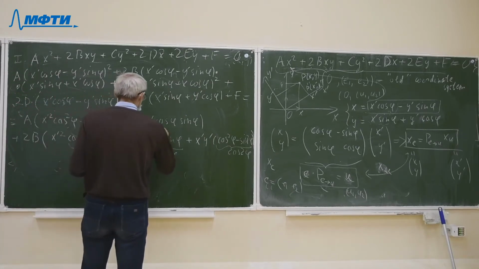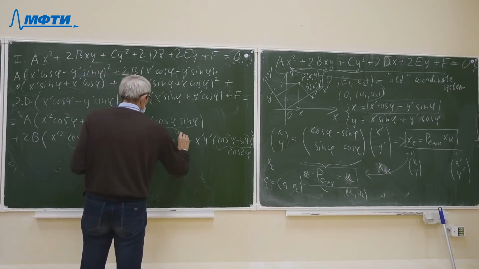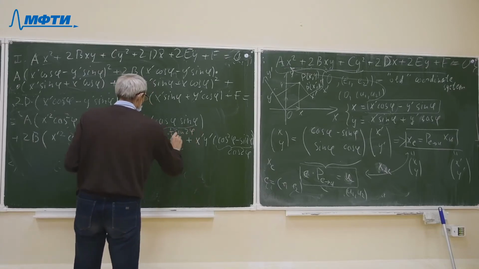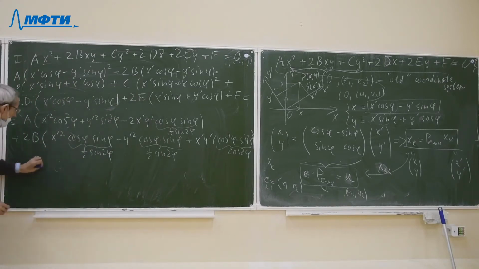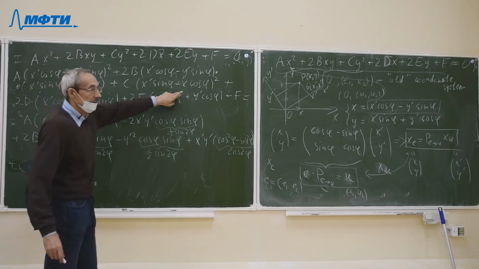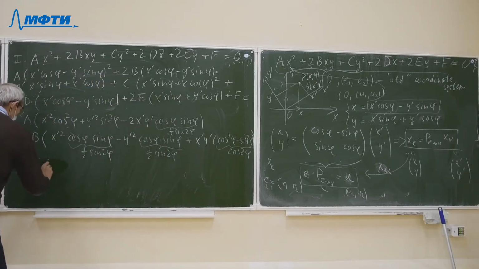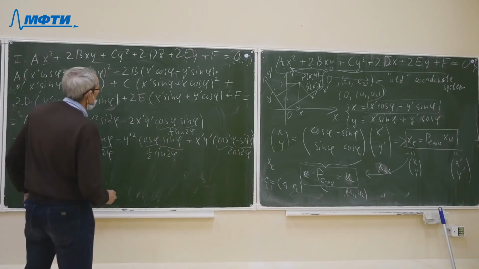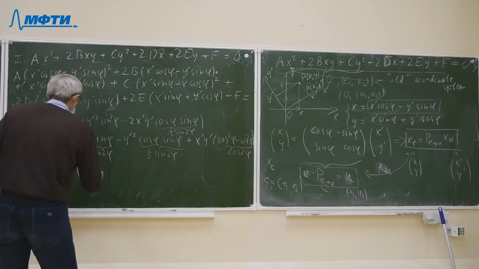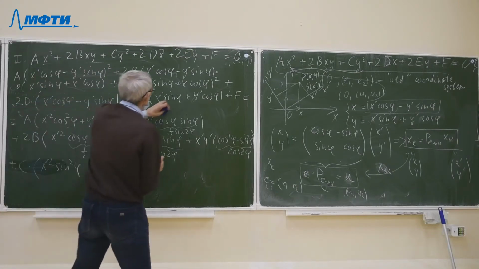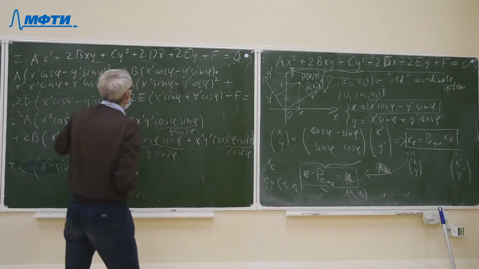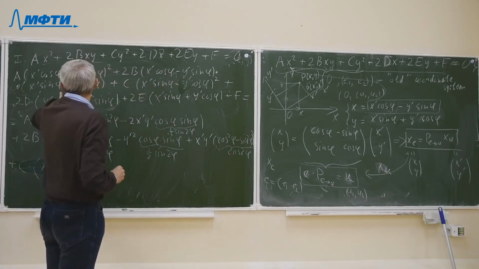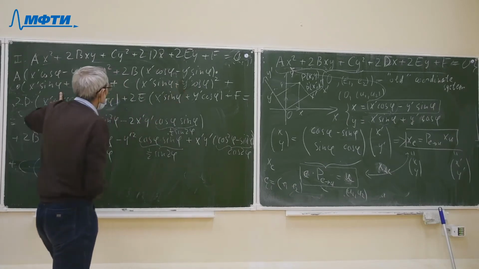This expression, sine 2 phi half, plus c, c is the square of this expression, and we obtain x prime squared sine squared phi plus, oh, I'm sorry, y prime plus y prime.